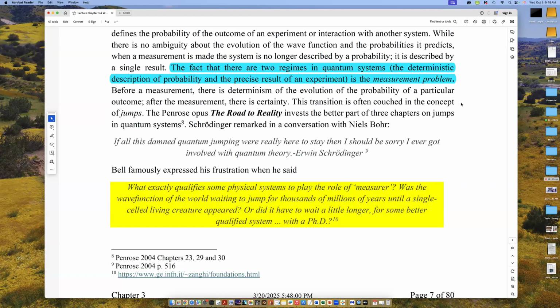That there's some kind of effect from doing the measurement that disqualifies the Schrodinger equation and the wave function from being relevant.